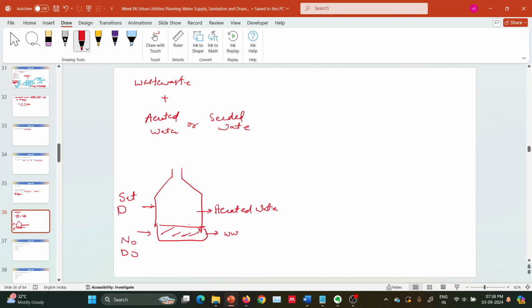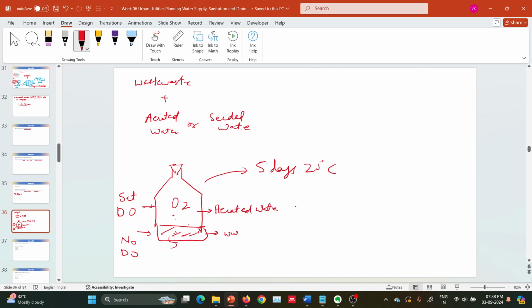The microorganisms are also provided, and the bottle will be kept for 5 days at 20 degrees Celsius. The microorganisms will consume oxygen and degrade the organic matter.